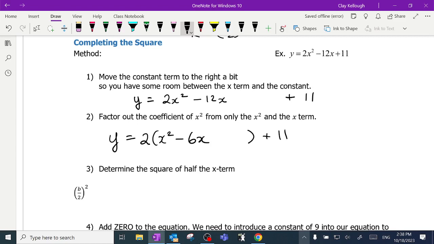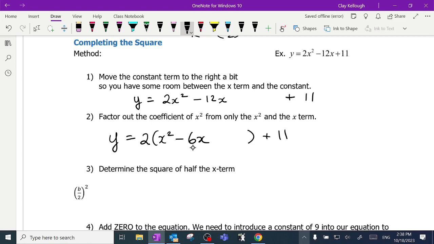Now you can see why I needed that gap. I needed a space. And in that space, I'm going to complete the perfect square trinomial. What number could go in this blank that would make this bracket a perfect square trinomial? It's going to be positive 9.